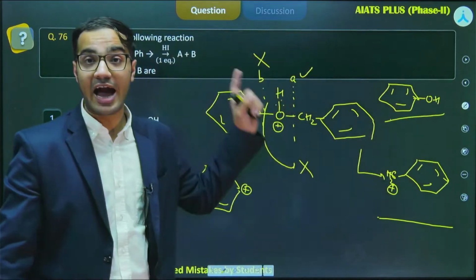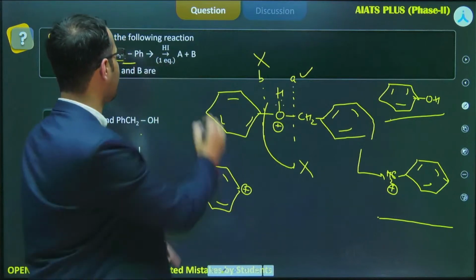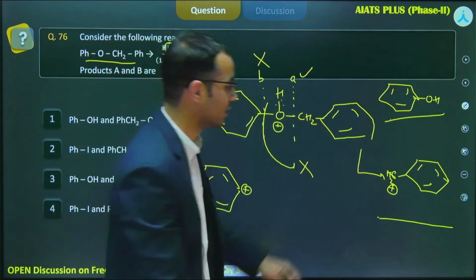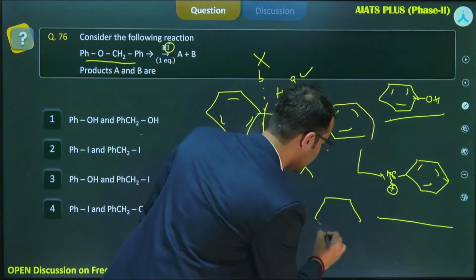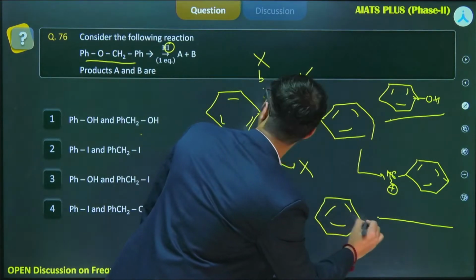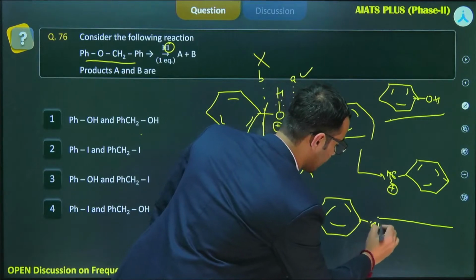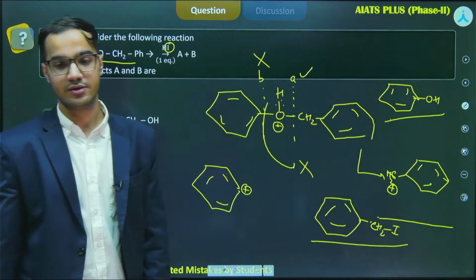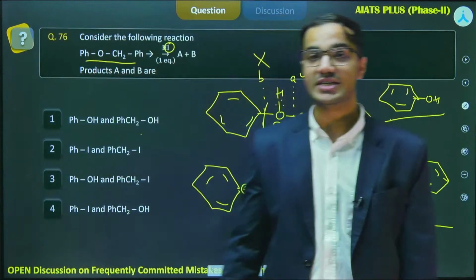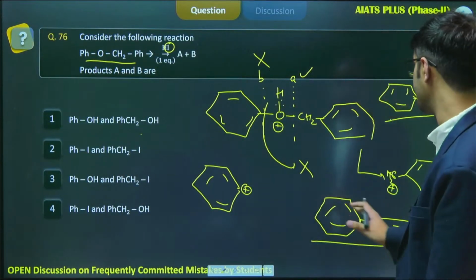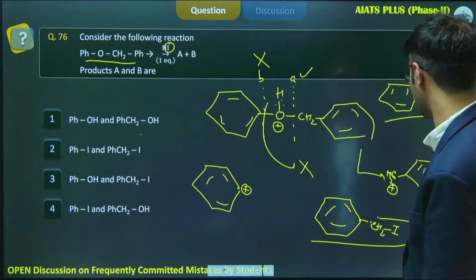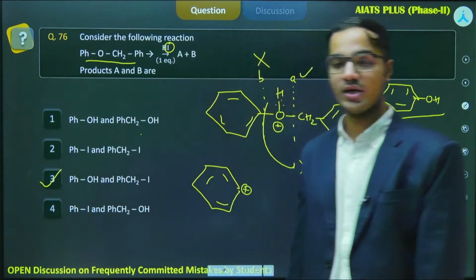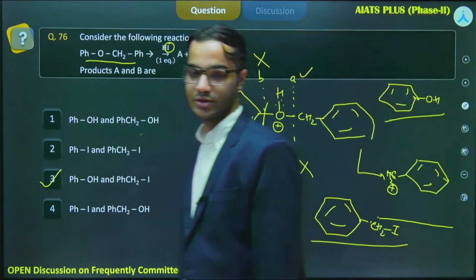And now the I minus you have already taken, this I minus will attack as a nucleophile on this carbocationic species, yielding CH2I. This is the final product. So it means we are getting the phenol as well as CH2I. This is the final answer of this question.